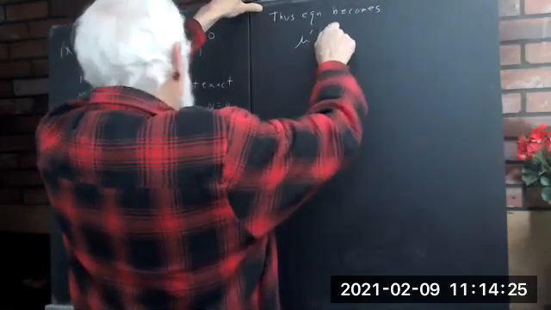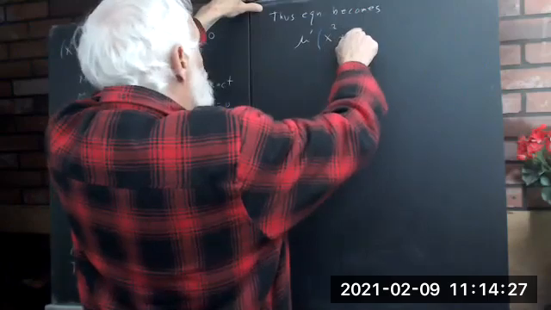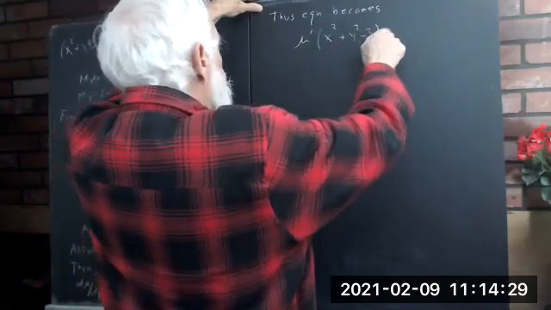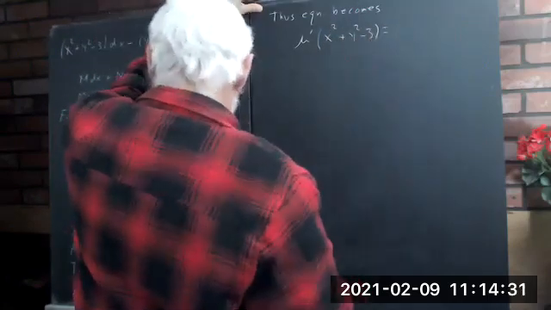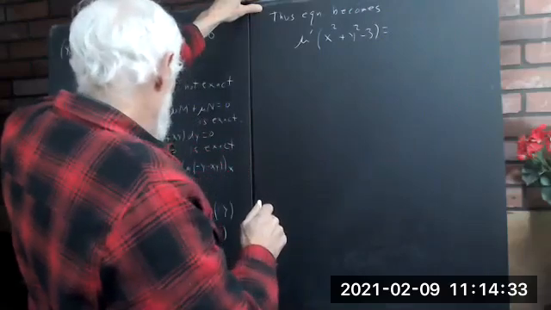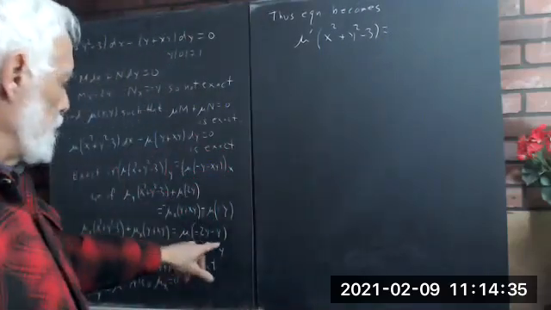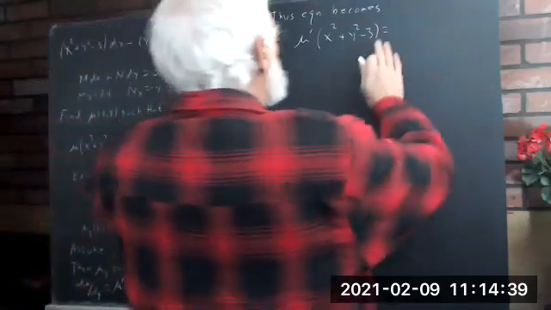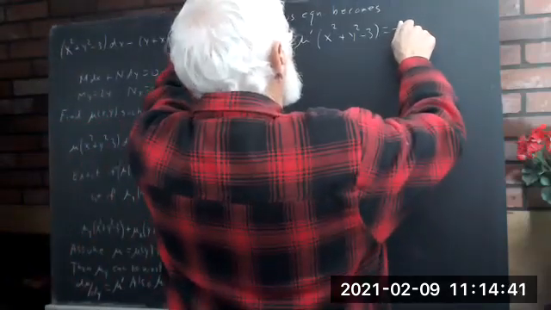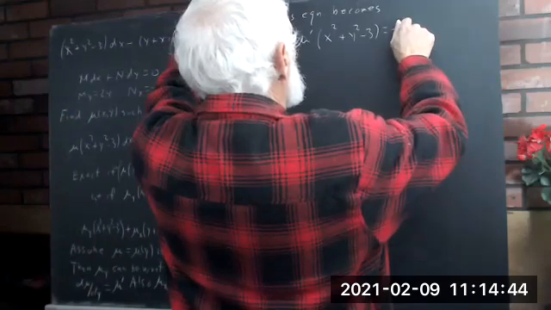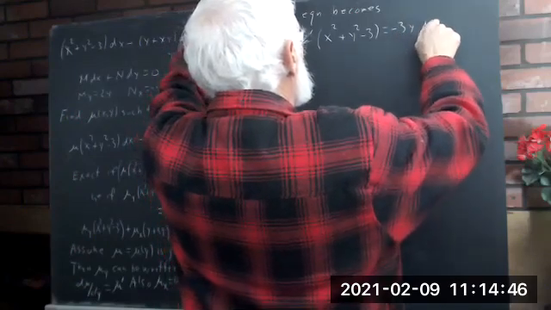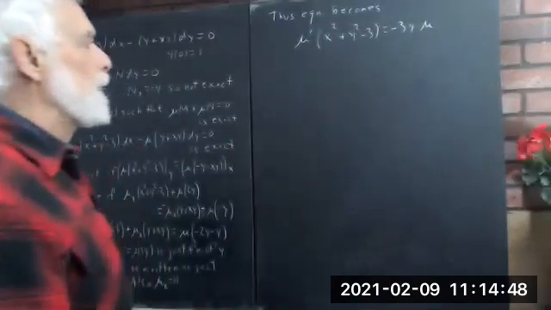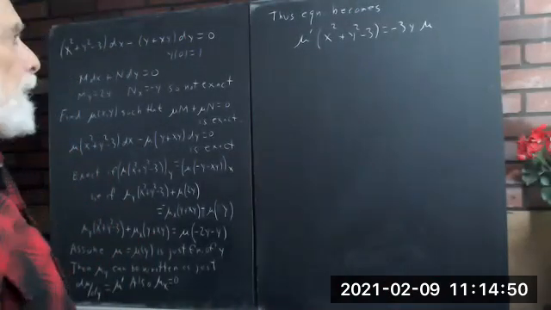The equation becomes mu prime times x squared plus y squared minus 3 equals, 2y minus 3y is negative 3y, minus 3y times mu.